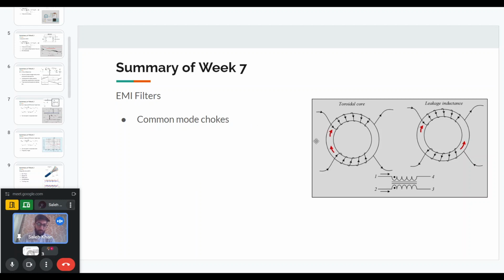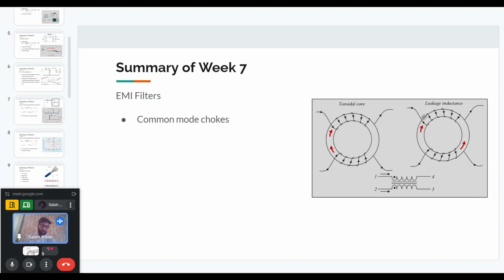What we do here is that we have the forward path and the return path, and they are wound on a magnetic core in such a way that any differential current that goes through this core will produce magnetic fields in opposite directions for the forward path and the return path. For example, here on the right portion, you can see the differential mode current.